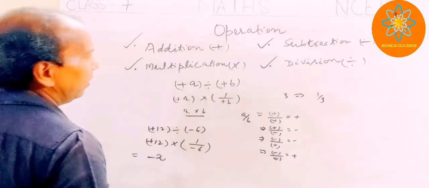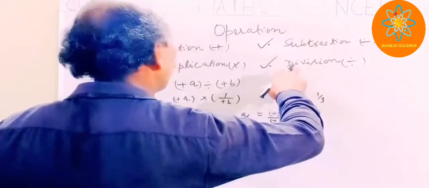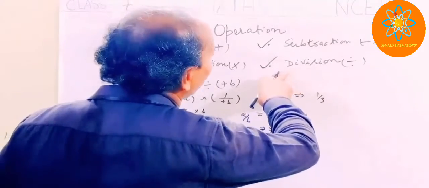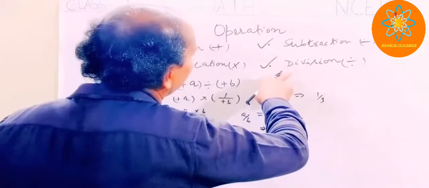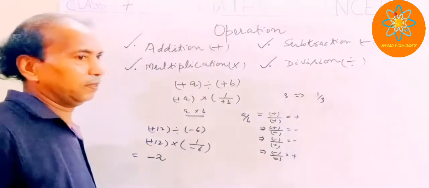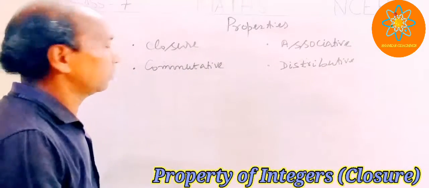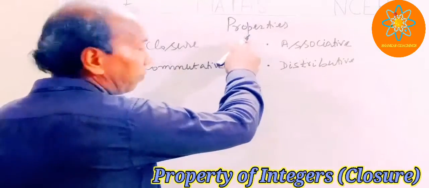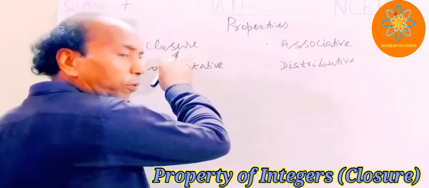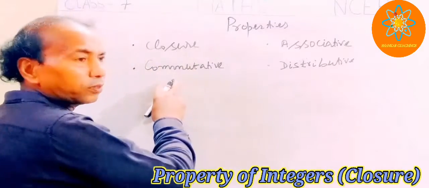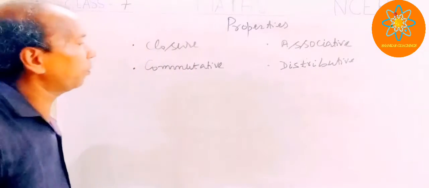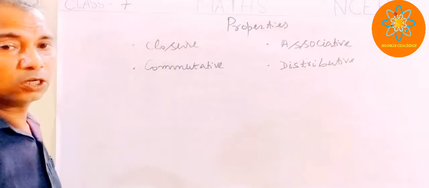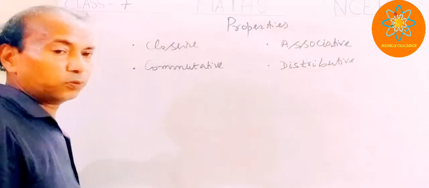So in this way we can find the solution of the operation of division in integers. Now we will see the properties. In the case of the properties, we have the closure properties, commutative properties, associative properties, and distributive properties. 4 properties are there: closure, commutative, associative, and distributive.